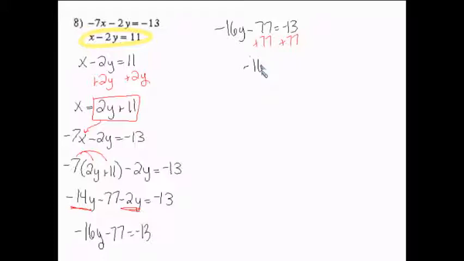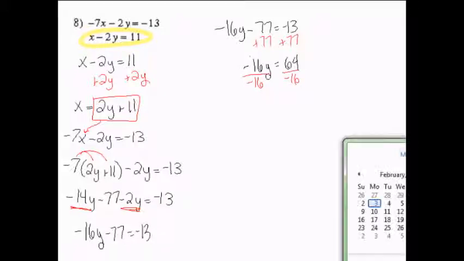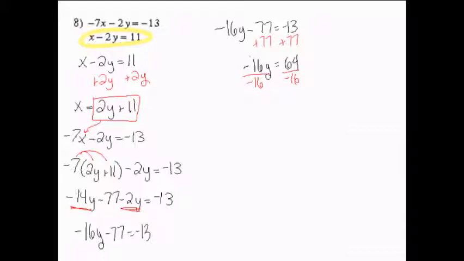So I get negative 16y is equal to 64. Divide both sides by negative 16. And y is negative 4.